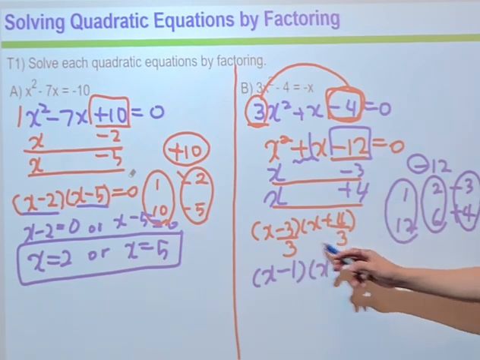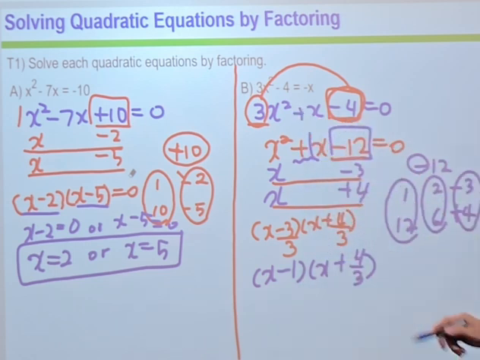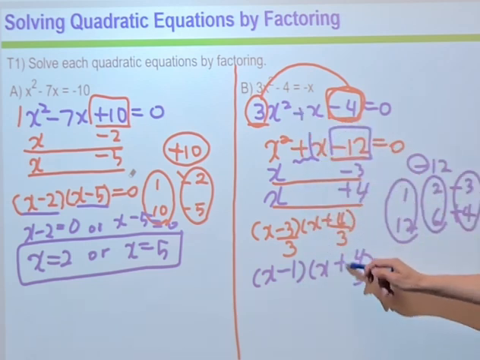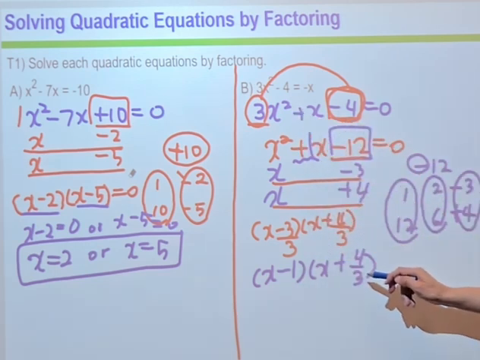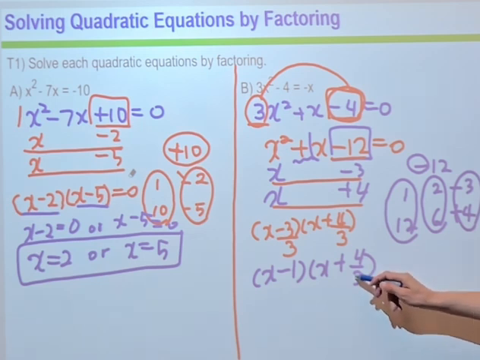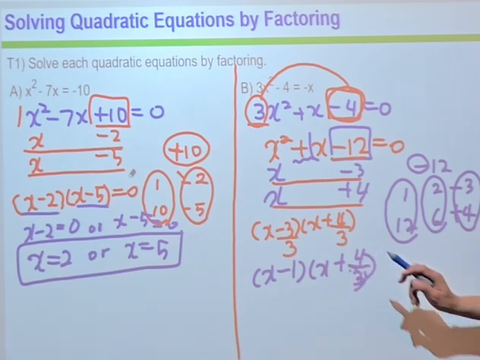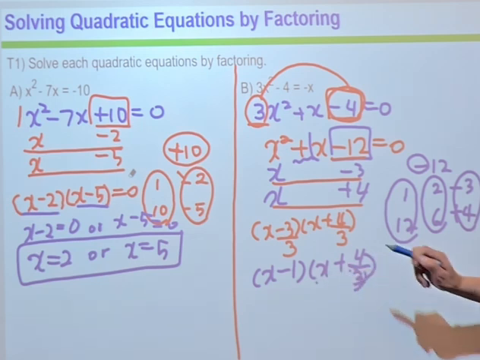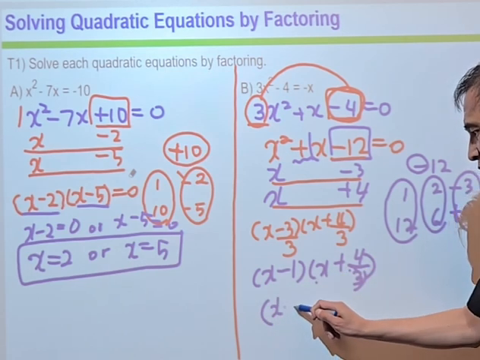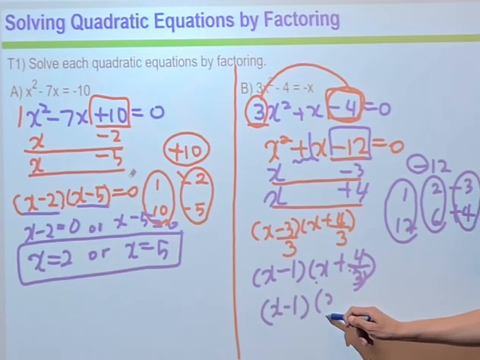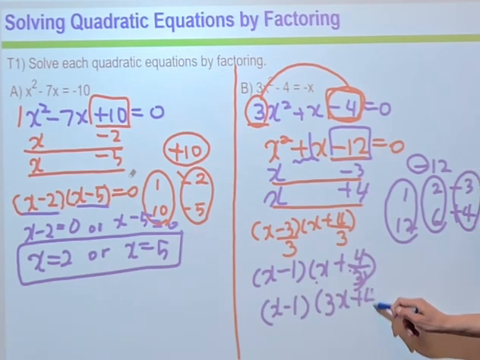But if you multiply, it still doesn't become the original. This constant term is a fraction, so let's make it a whole number. That means the denominator 3, we multiply here. So this becomes x minus 1 and 3x plus 4.